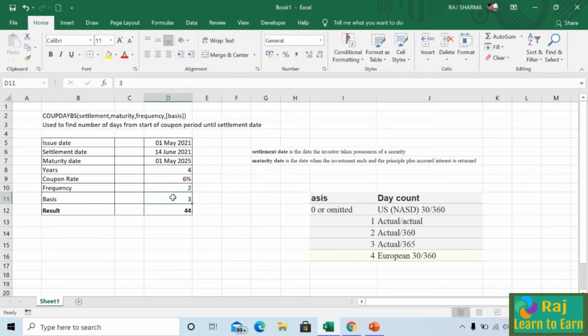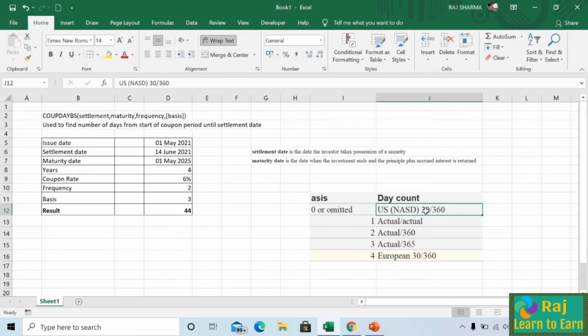And then the basis depends upon in which market the security is being traded and in which market it is being issued. Accordingly, the day convention is taken into consideration. For example, in the US we assume the 360-day convention, and we assume that every month has only 30 days.